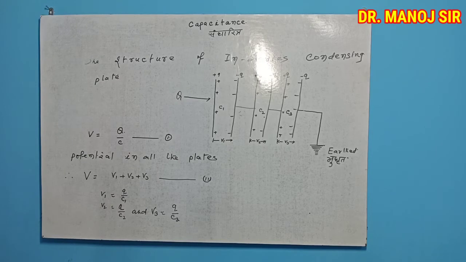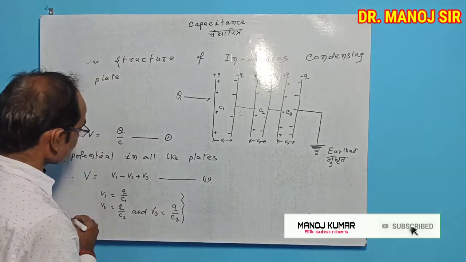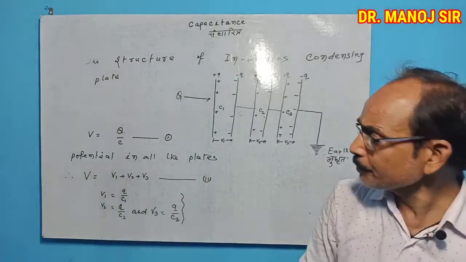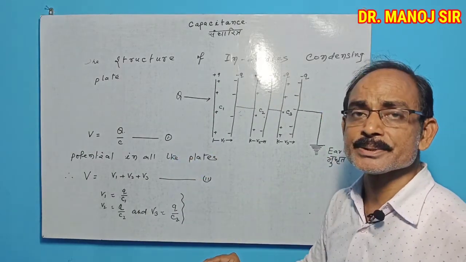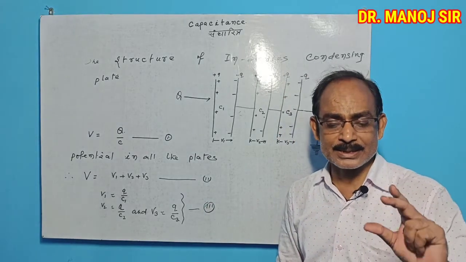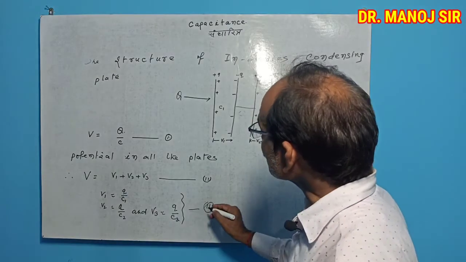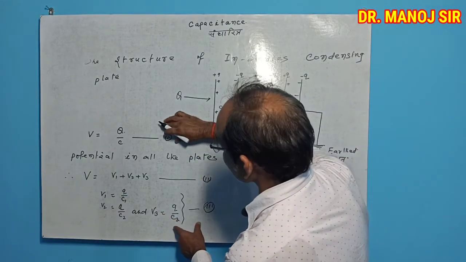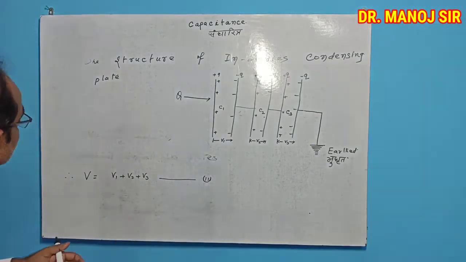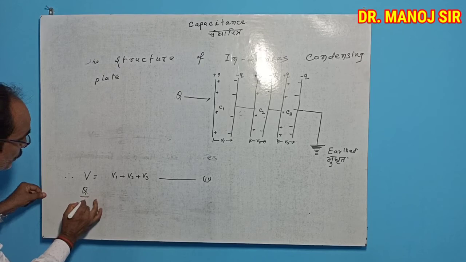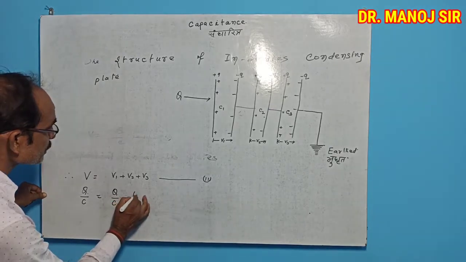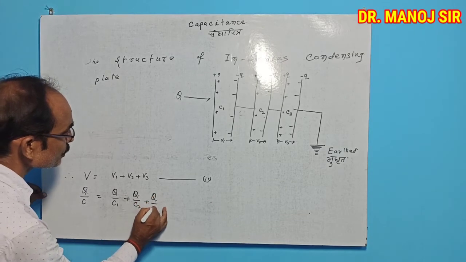That is the third equation. Putting the first and third equations into the second, we get Q upon C equals Q upon C1 plus Q upon C2 plus Q upon C3.